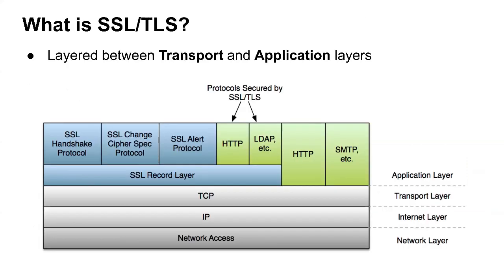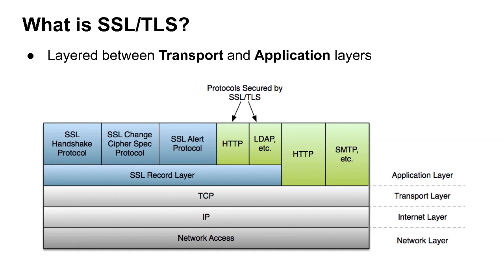This shows you the sub-protocols of the SSL/TLS protocol prior to TLS 1.3. You can see this is a simplified diagram of the OSI model, where TLS is sitting on top of the transport layer, in between the transport and application layers. The blue boxes here are sub-protocols of SSL: the handshake protocol, change cipher spec, alert, and record layer.